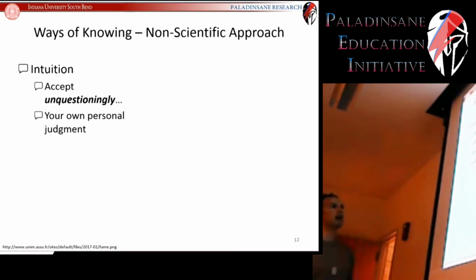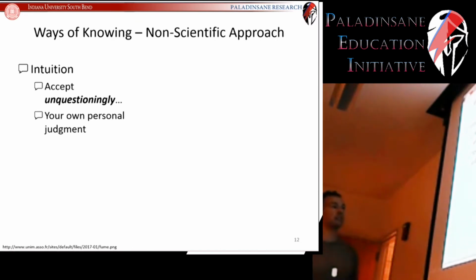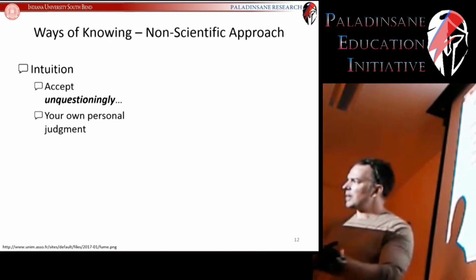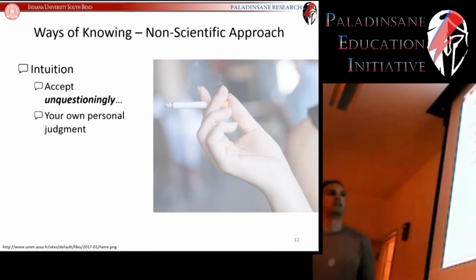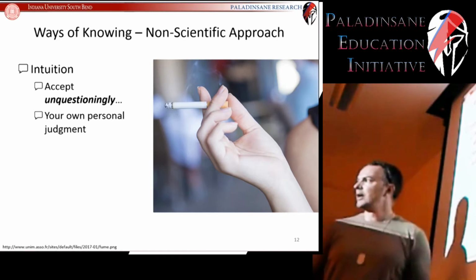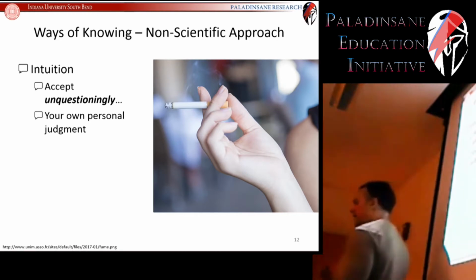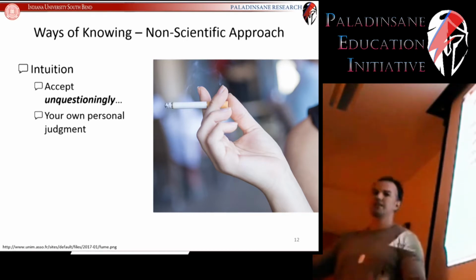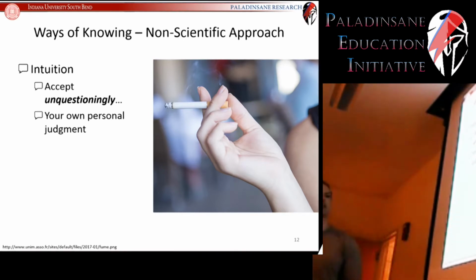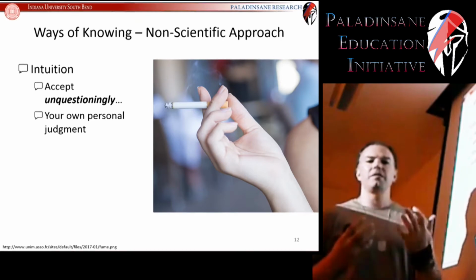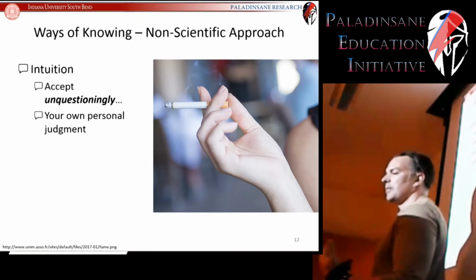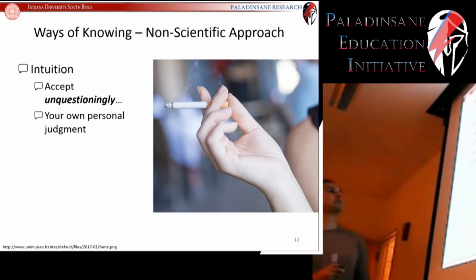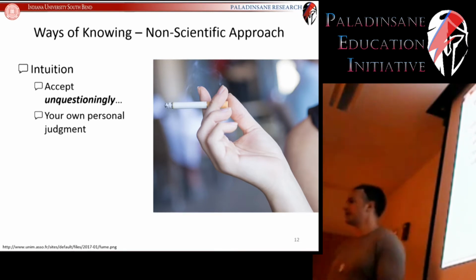So one thing that resisted scientific advance because of intuition is things like the hazards of smoking. There was a huge push about the hazards of smoking in the 70s, 80s, and 90s, and continues on today. But it was very difficult to convince people about the hazards of smoking because of their own personal judgment.